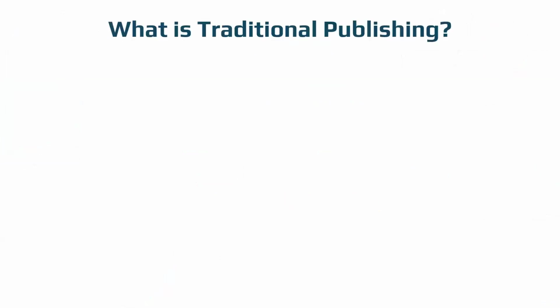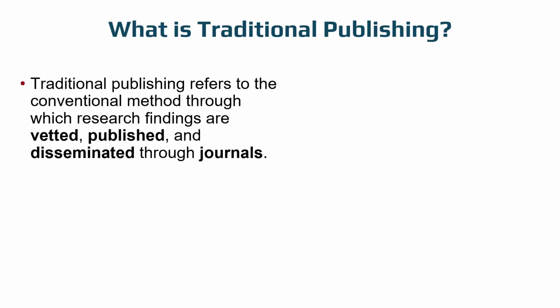So starting with, what is traditional publishing? By traditional publishing, we mean the conventional method that we have been used to of how things are published, how research findings are vetted, published, and disseminated through journals. So in the traditional publishing system, journals are the key ruling of everything in research dissemination.